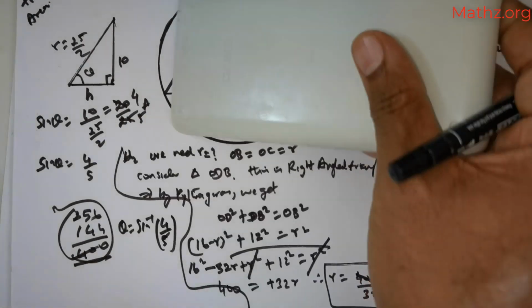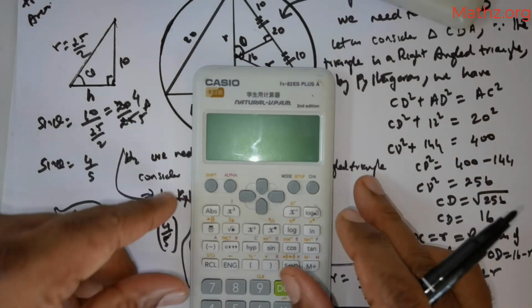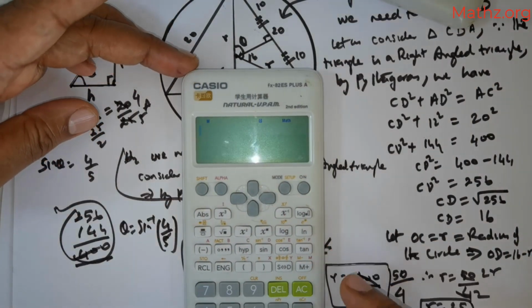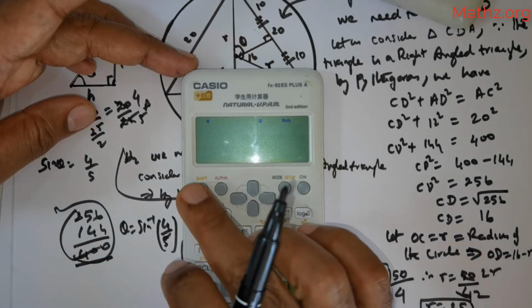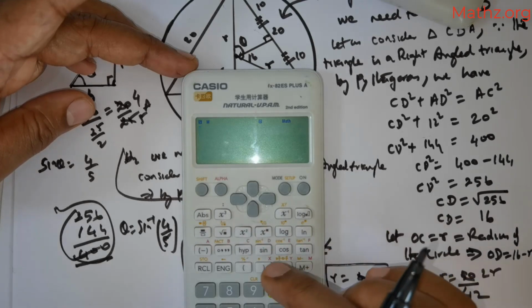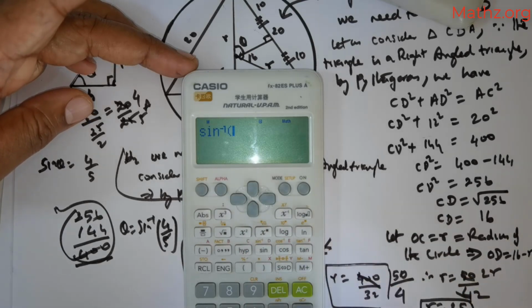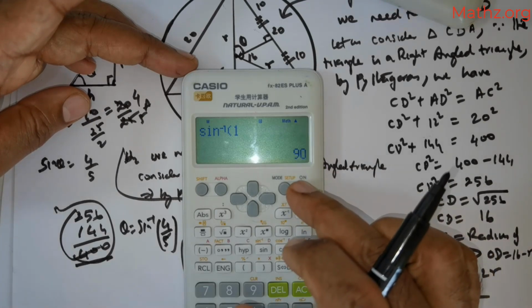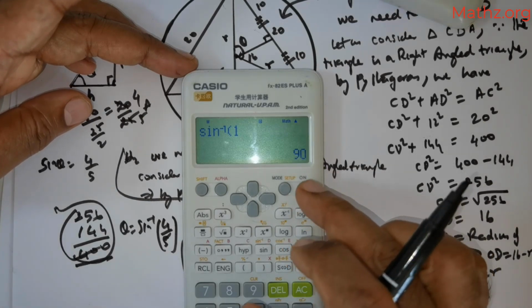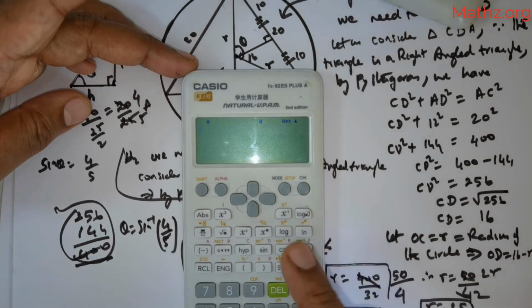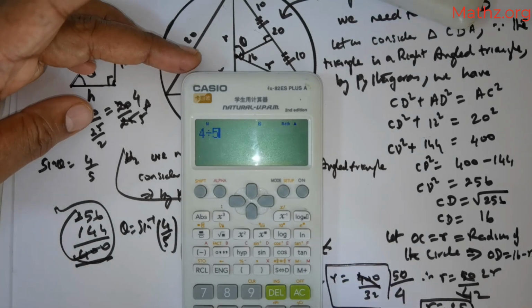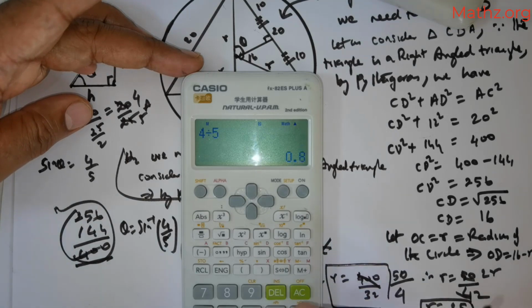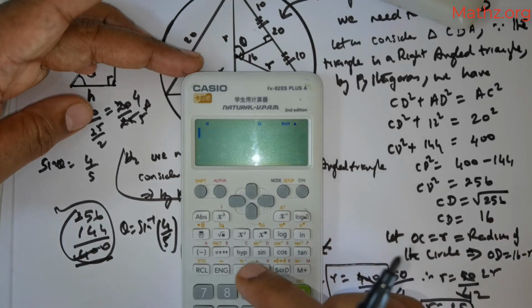So let us do that. Let me just check the sine inverse value. Sine inverse of 1 is equal to 90. Okay, that's perfect. So now I can have sine inverse of 4 over 5. 4 divided by 5 is 0.8.